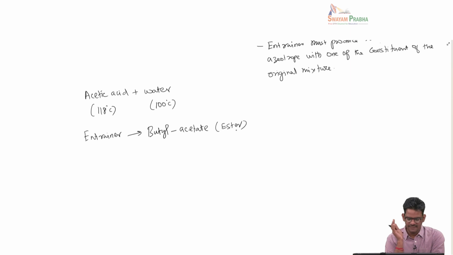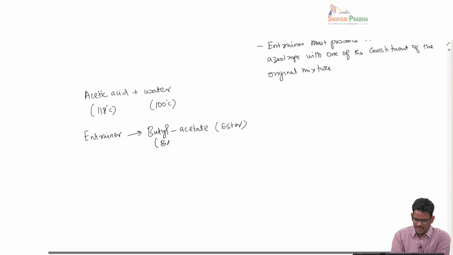That means if I have it with water, it will phase separate. They are not miscible; they have very low solubility. The second is that butyl acetate and water form a low boiling azeotrope. So in short, I will use BA for butyl acetate. Butyl acetate plus water forms a low boiling azeotrope.